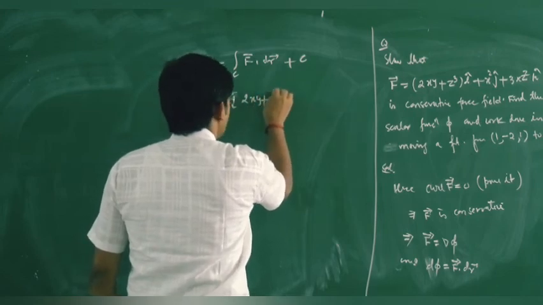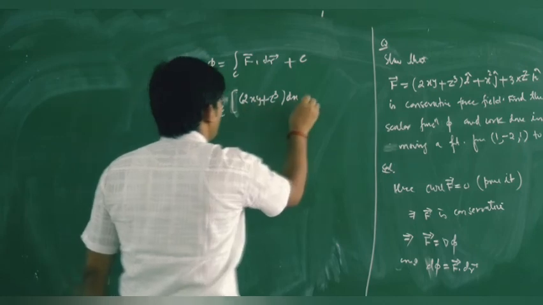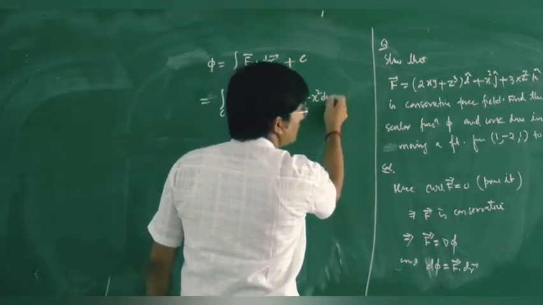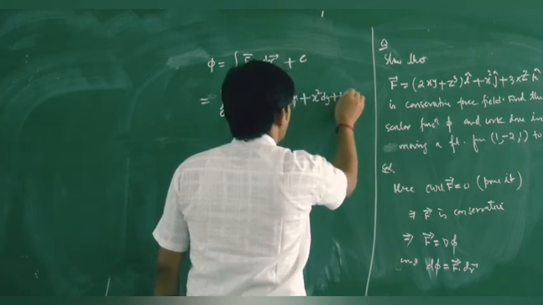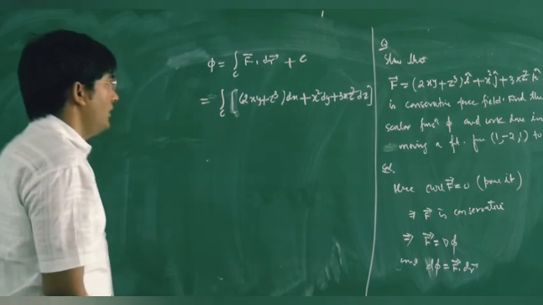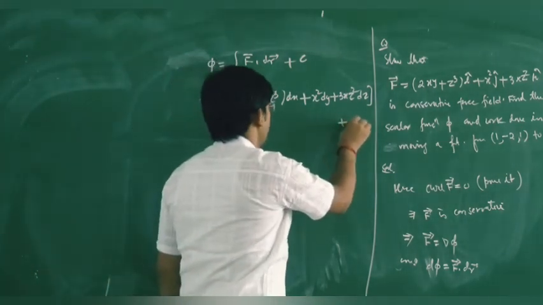2xy plus z cube into dx. This will be the first term. Then we will have x square into dy. Then we have 3x z square into dz. Okay, plus some constant of integration.